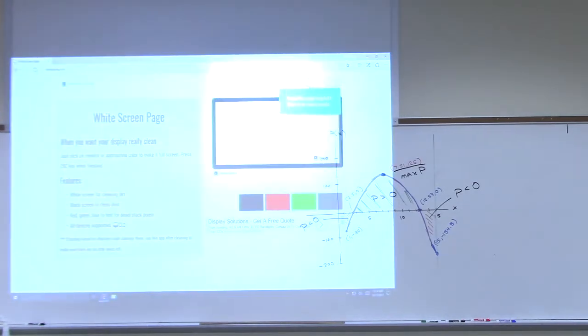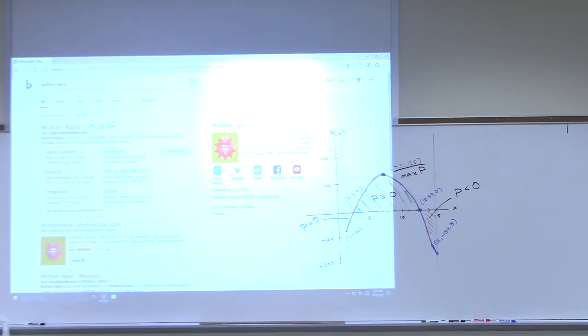So, for example, everyone probably wants to write this down. Wolfram Alpha, I talked about this before. W-O-L-F-R-A-M Alpha, A-L-P-H-A.